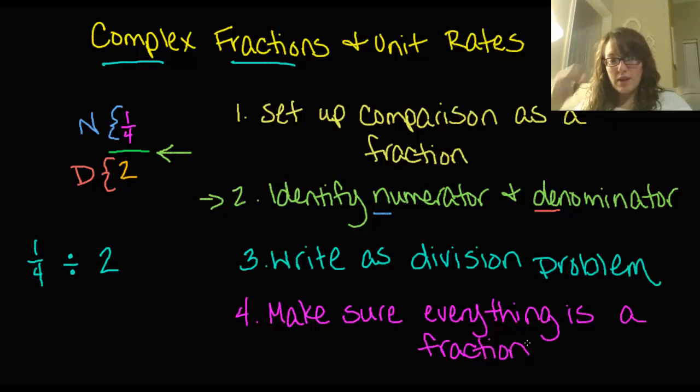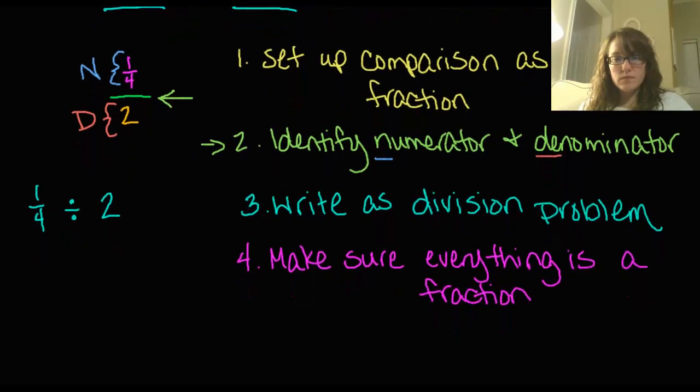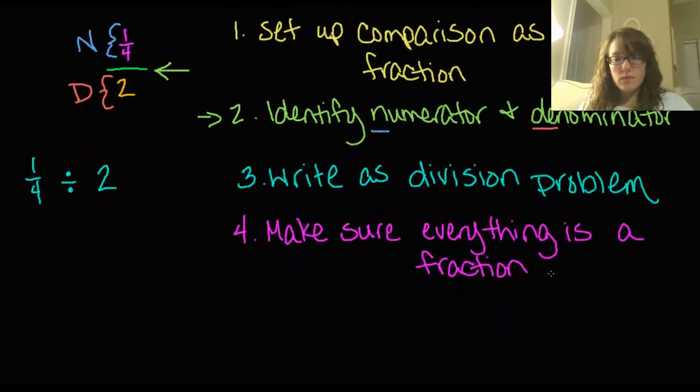And when I say fraction, I mean a top and a bottom. So this is a fraction, this is not a fraction. So I need to make sure that's over 1, because all whole numbers are over 1.